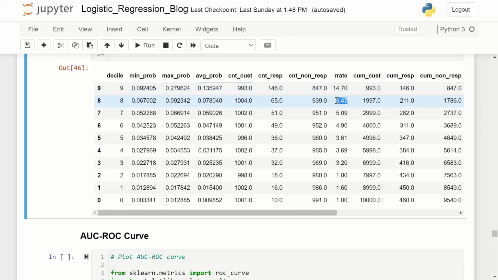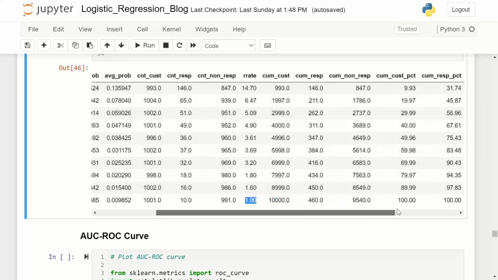Then it is 6.47, then it is 5.09, 4.90, 3.61, 3.69. There is a marginal crack. Remember, I was speaking of cracks. The crack is very marginal. I can ignore it. 3.20, 1.80, 1.60, 1.00. Overall response rate, if I focus, model is rank ordering.